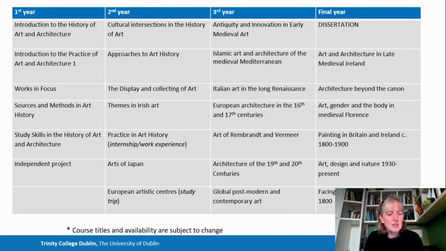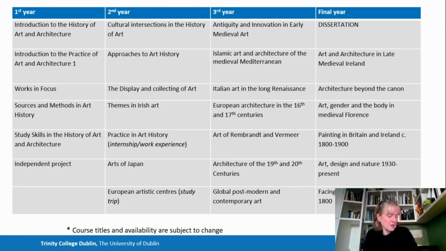Depending on the pathways that they take, students can choose from a range of different modules. And what I'm showing you here are the courses that are offered at present. These will vary sometimes according to staff availability and indeed the pathway that students are choosing.